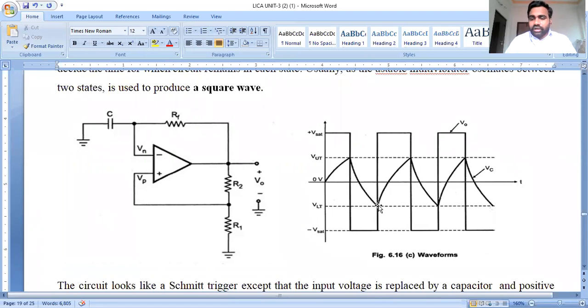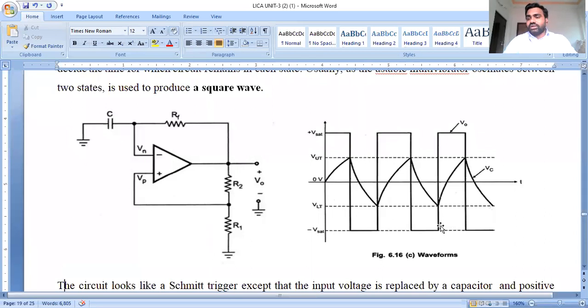After swinging from negative saturation to positive saturation, the capacitor charges again from the lower threshold value to the upper threshold value. If during this charging the capacitor voltage increases a millivolt beyond the upper threshold value, again the positive V saturation drops to negative V saturation.